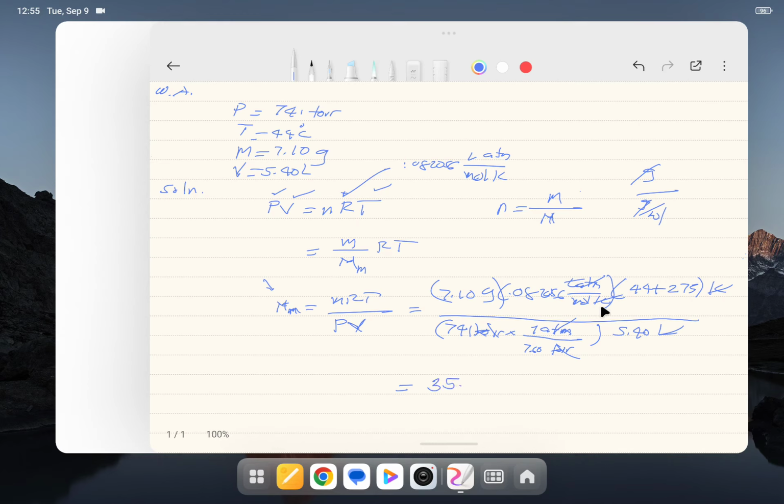In 3 significant figures, usually, because I have 3 significant figures from the given. You have 44 degrees, maybe 2 significant figures because of that 44 degrees Celsius. So that might give us 35 gram per mole. That would be the answer for that.